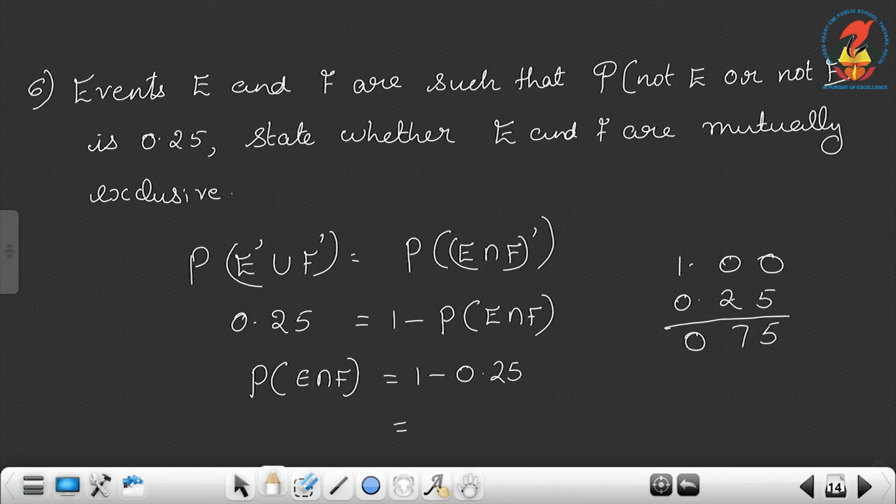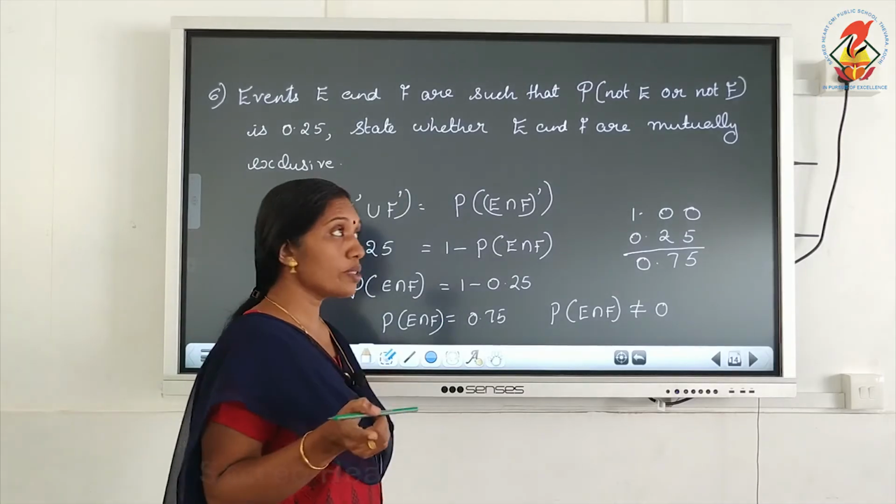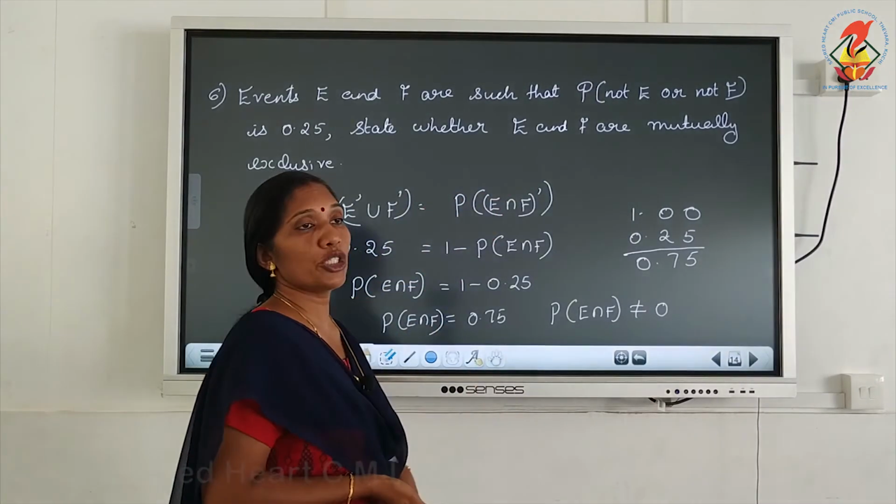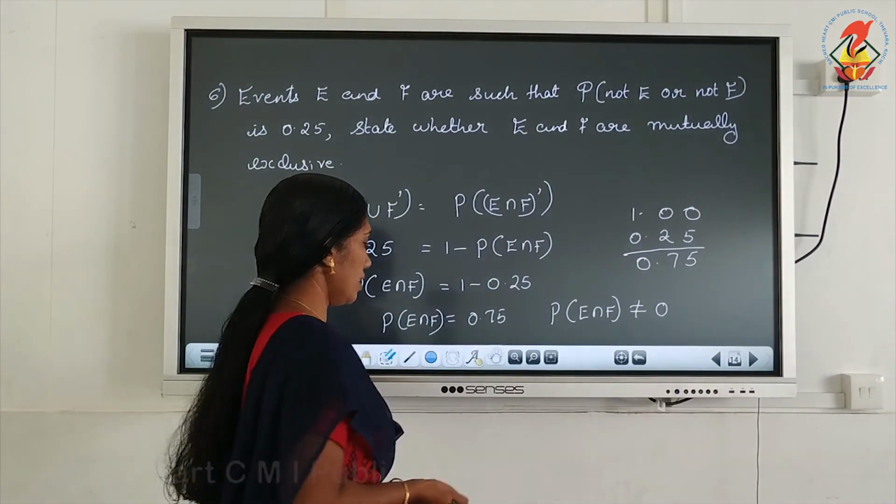Subtraction, that is P of E intersection F. That is P of E intersection F not equal to 0. If it is equal to 0, then E and F are mutually exclusive, isn't it?